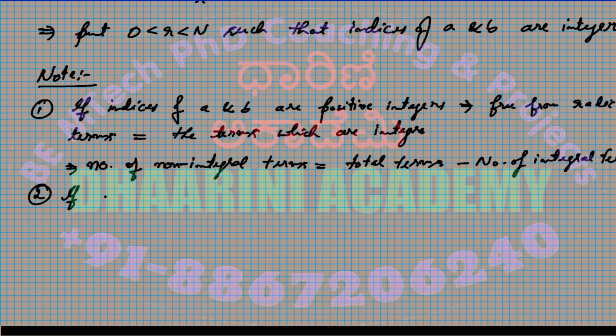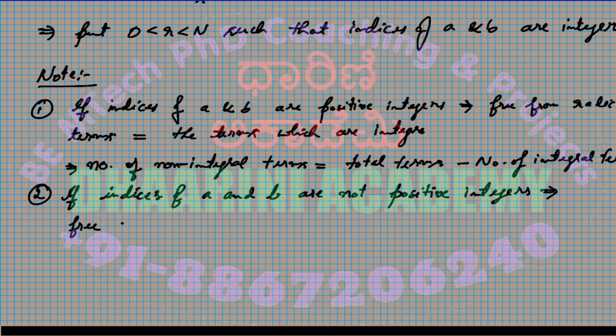If the indices of both a and b are not integers, this implies that the free from radical terms is equal to the total number of the rational terms minus the integral terms.